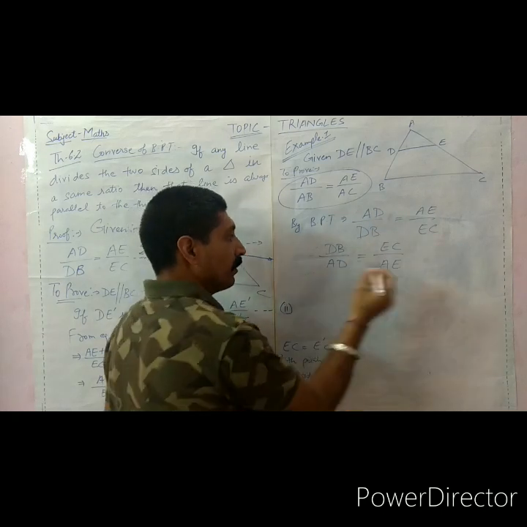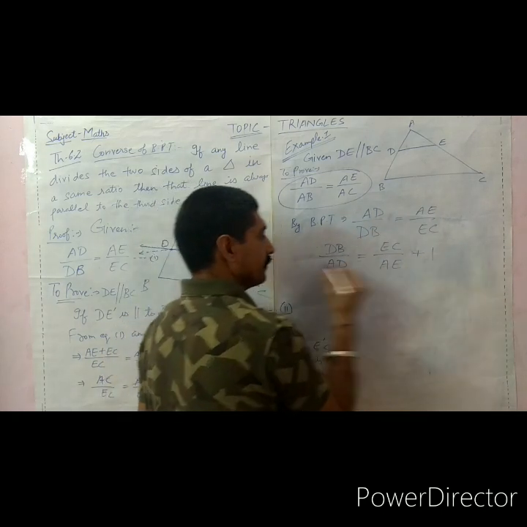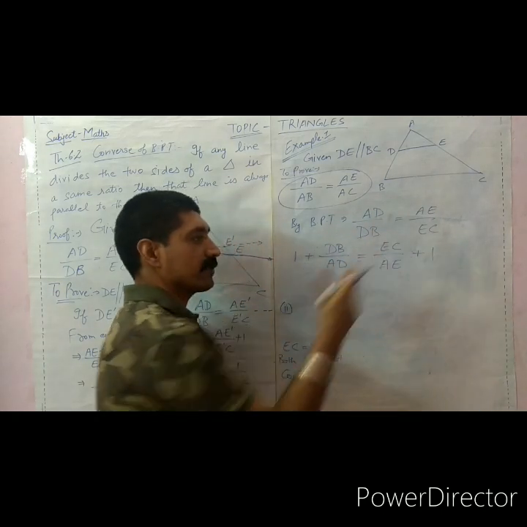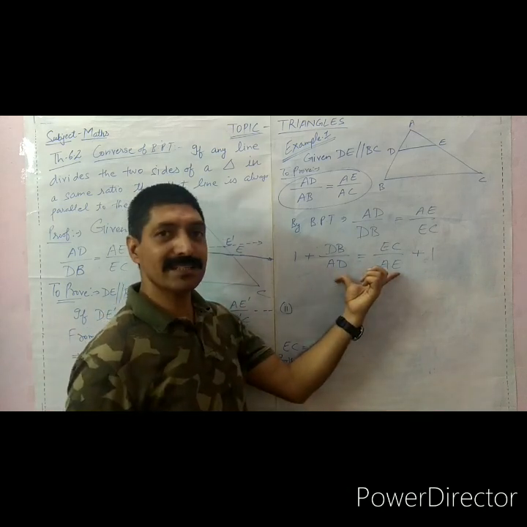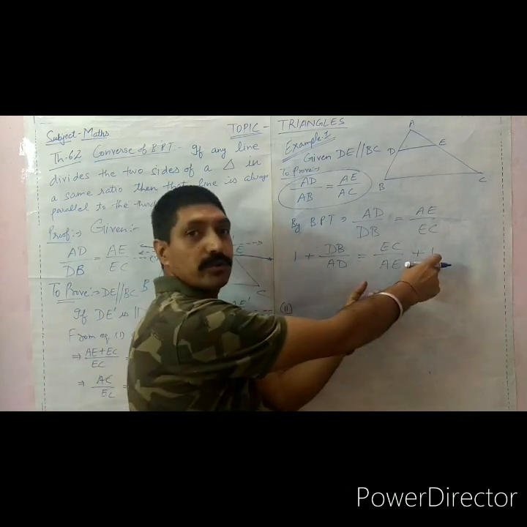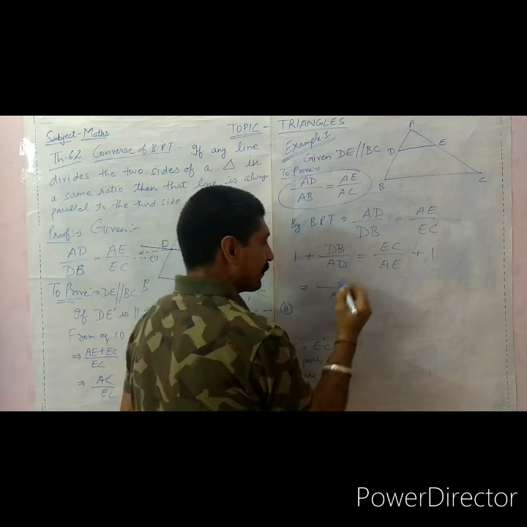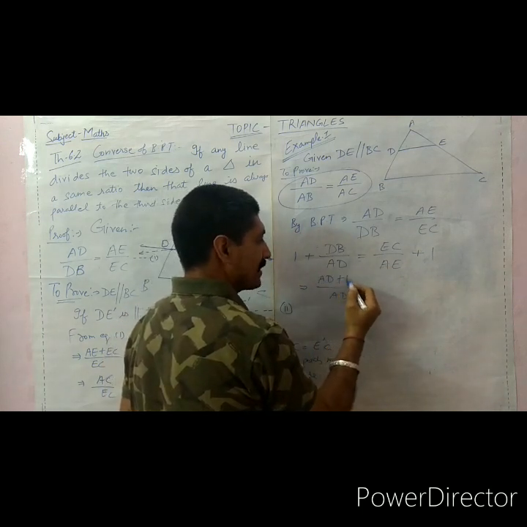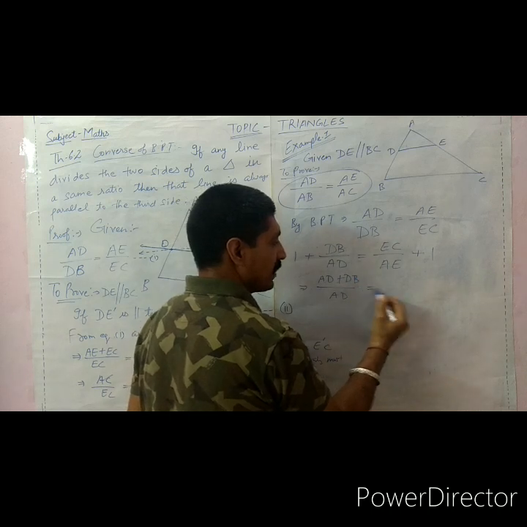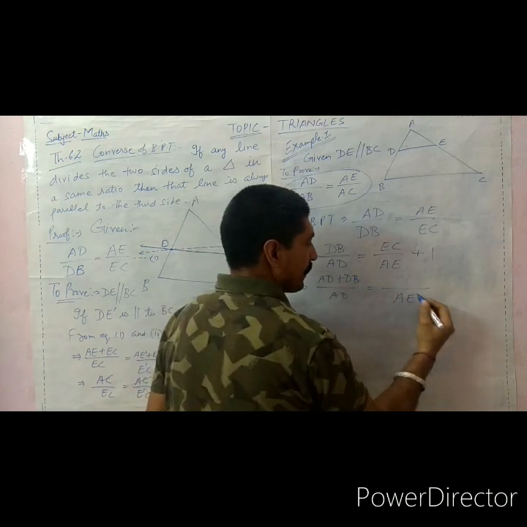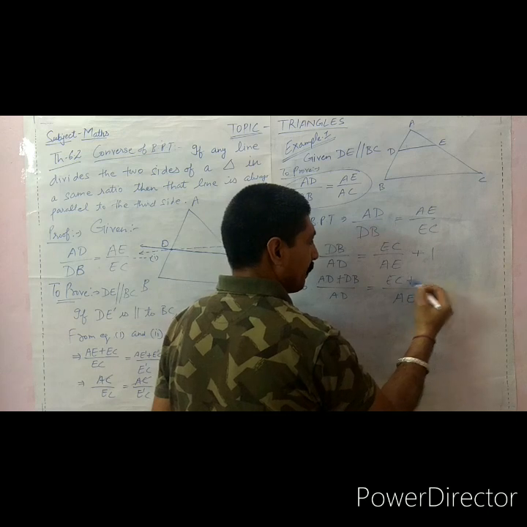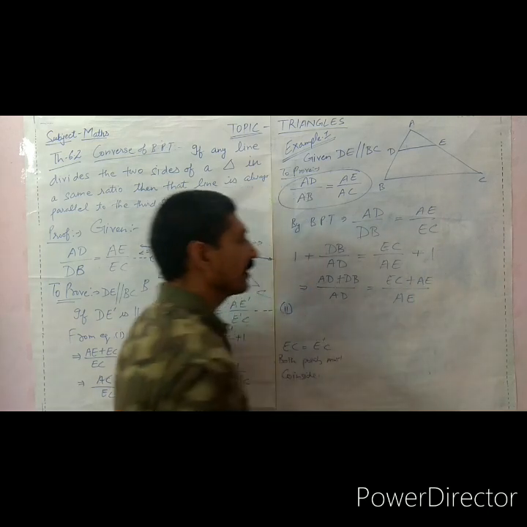So now adding 1 to both sides, the equation remains the same. Left hand side and right hand side both get 1. Now the LCM is AD, and here AD plus DB is equal to AE plus EC over AE.